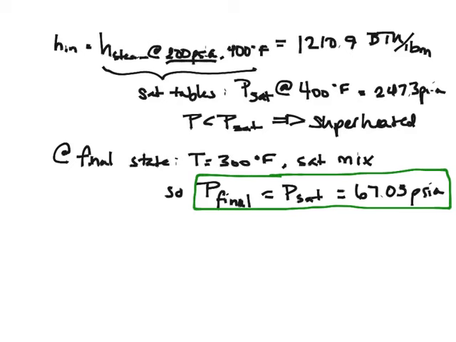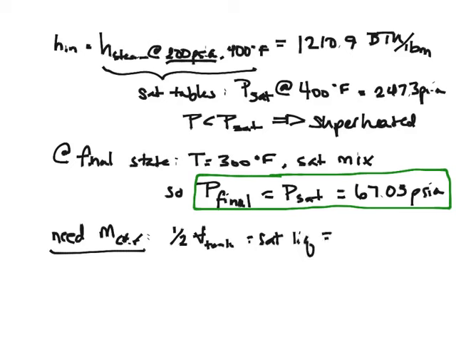Okay, so knowing this final state that I'm at, I still need two things if you look back at the energy balance. One is I need the mass of my control volume at the final state. Okay, so let's find that one now. So what do I know about my final state? I know that at my final state, 1/2 of the tank volume is a saturated liquid, and that's going to be 1.5 cubic feet.